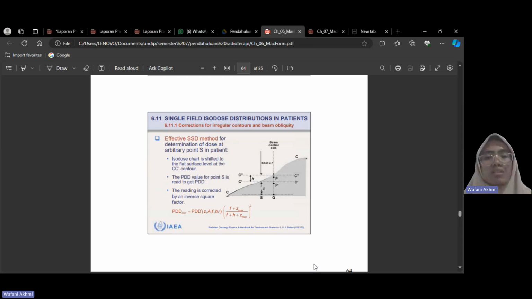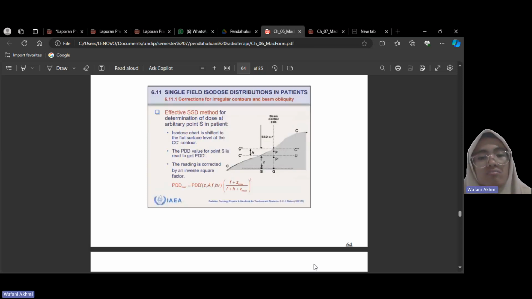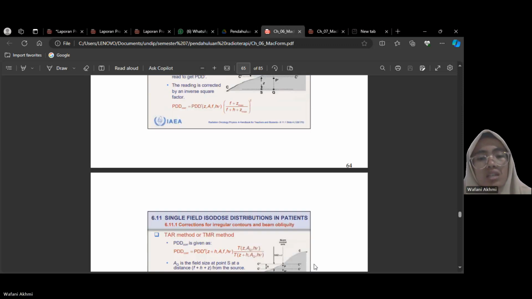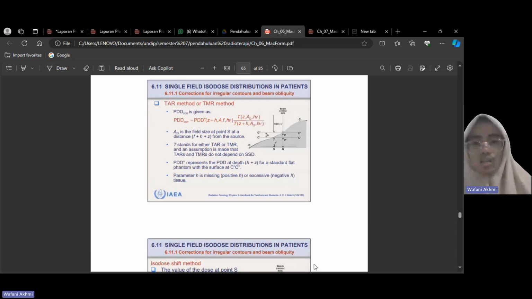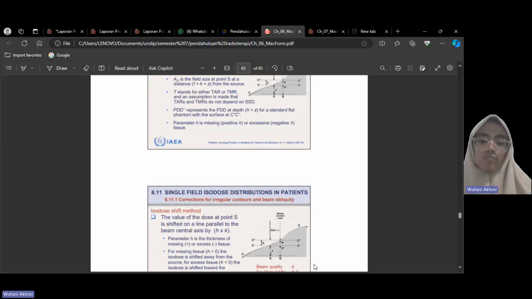Effective SSD method for determination of dose at arbitrary point S in patient is the TAR method or TMR method, for correction for irregular contours and limb obliquity.